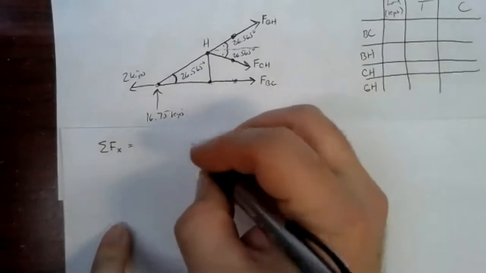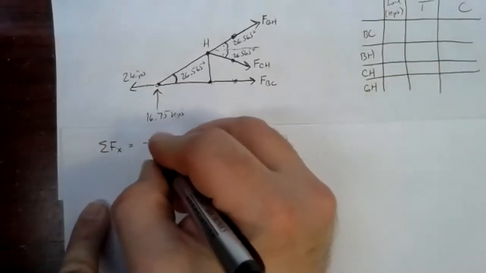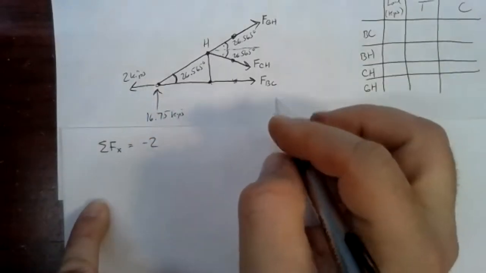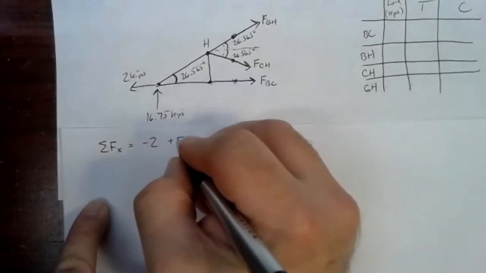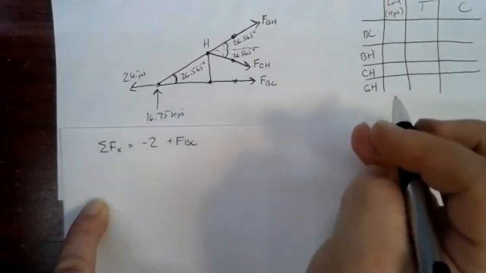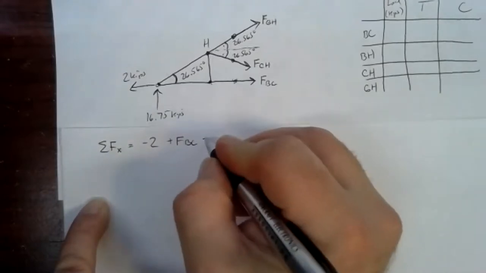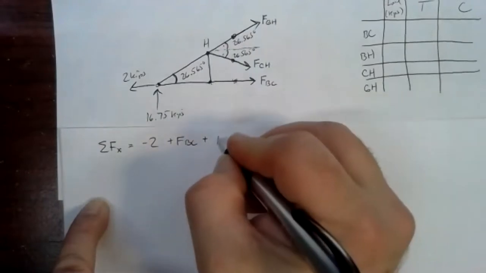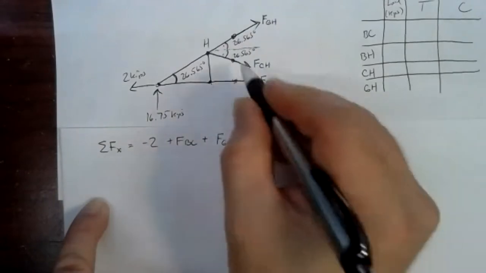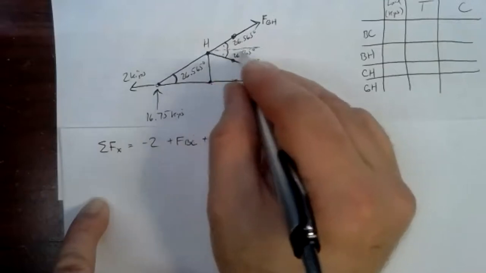In the x direction, we've got 2 kips to the left. We've got all of FBC to the right. Then we have a piece of FGH to the right. It's the adjacent piece, the piece going to the right here.